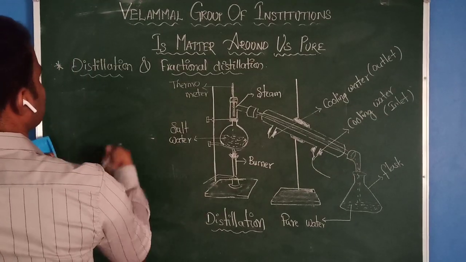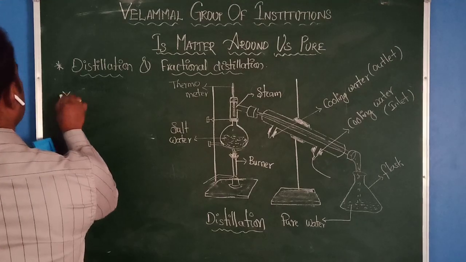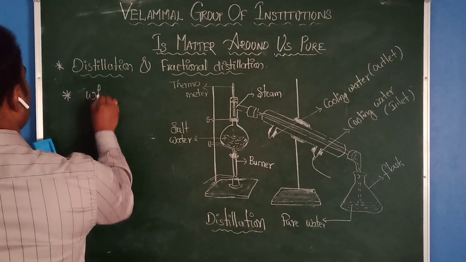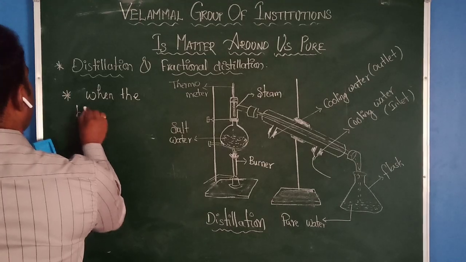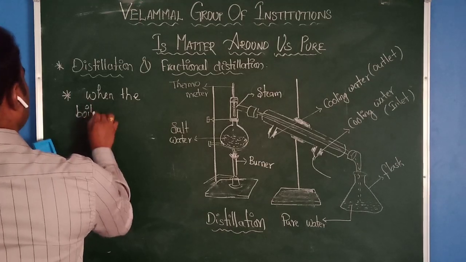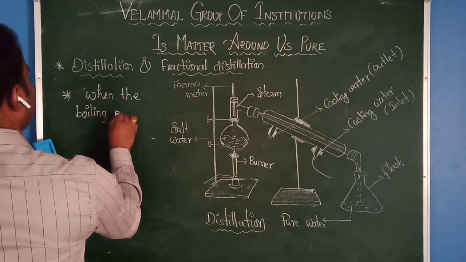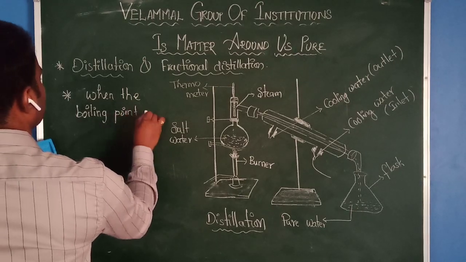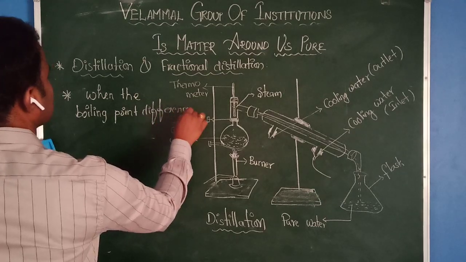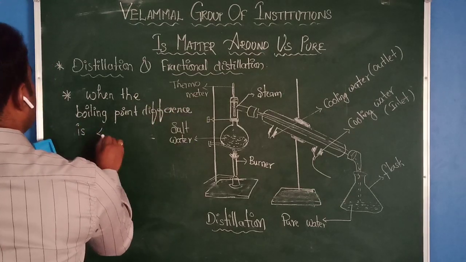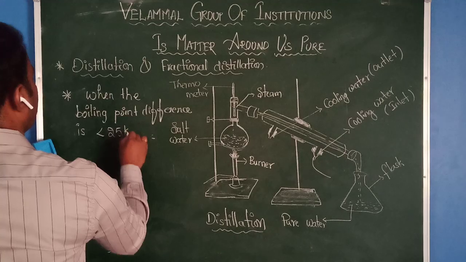Fractional distillation is mainly used when the boiling point difference is less than 25 Kelvin.